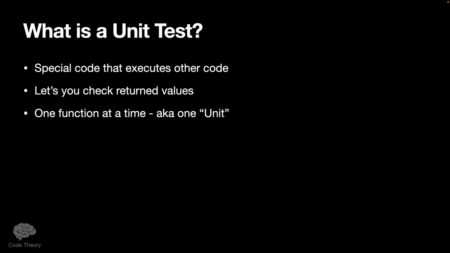Now, the particularities of what that looks like in Swift Testing mean that it's going to look like you're running a lot of different functions all at once, but don't worry, you're not. Because Swift Testing just makes things easier and reduces boilerplate, which is nice. So you put the data in, you get the data out, and then you check the data. That's really all a unit test is.